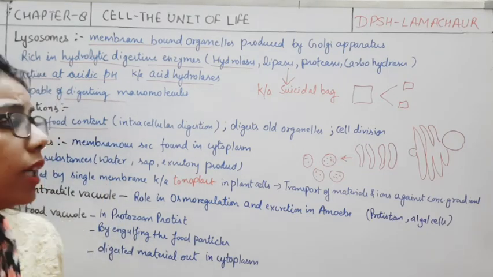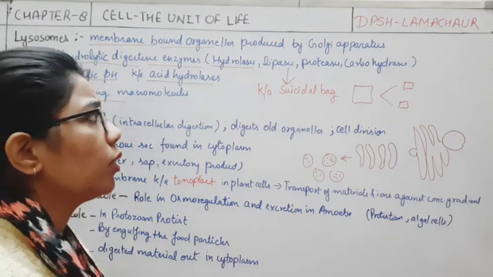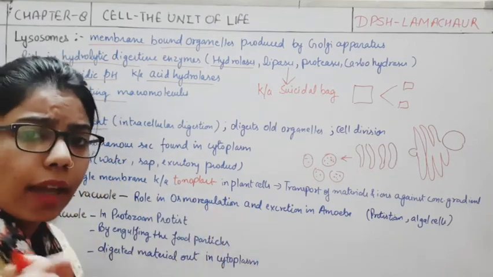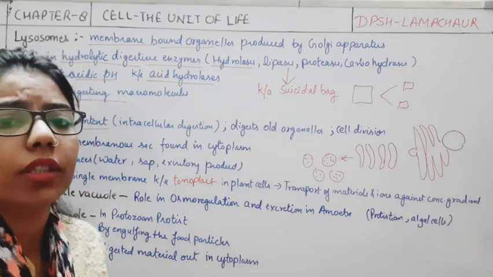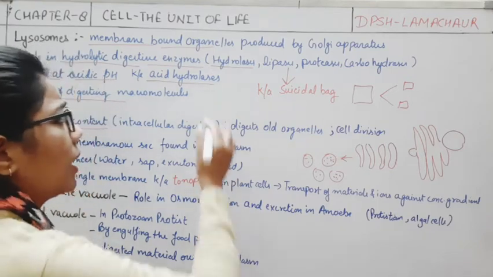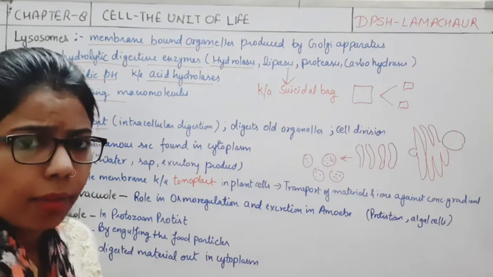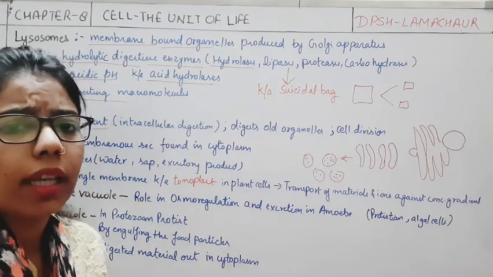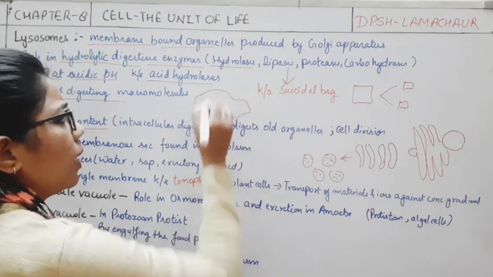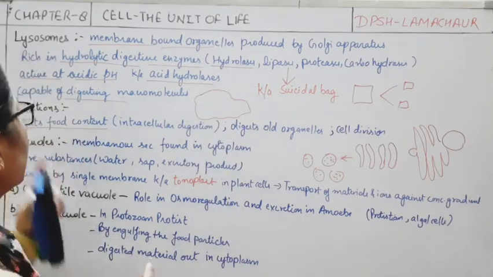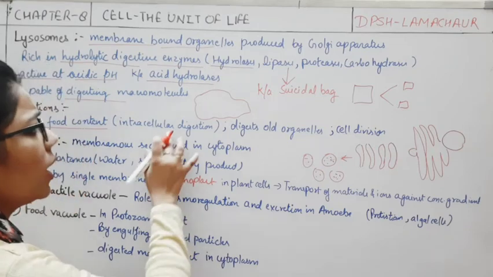What does it mean? If I talk about eukaryotic cells which are unicellular, meaning those eukaryotes which have one cell, for example amoeba. Amoeba is a unicellular eukaryote, and it has lysosomes.